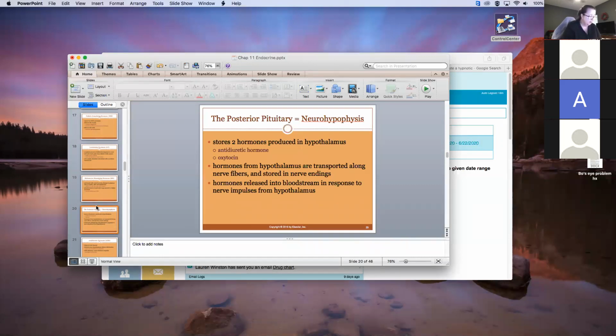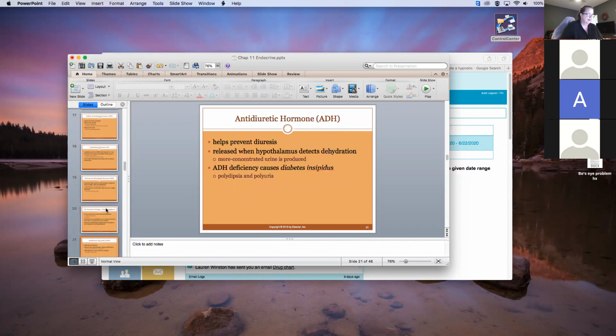Number 10 asks what antidiuretic hormone is and when it's released. Antidiuretic hormone is on slide 21, so really for number 10 you get your answer in 21. It prevents diuresis. Why is it released? It's released when there's potential dehydration.